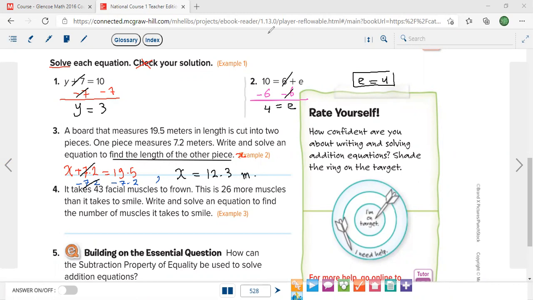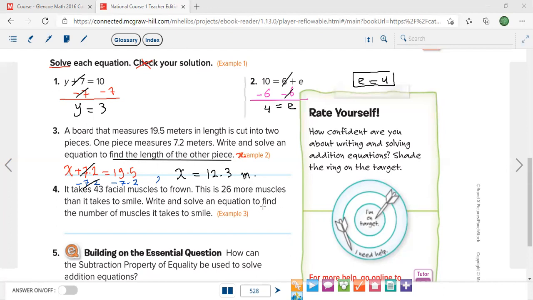Now problem number 4. It takes 43 facial muscles to frown. This is 26 more muscles than it takes to smile. Write and solve an equation to find the number of muscles it takes to smile. So this is our x.